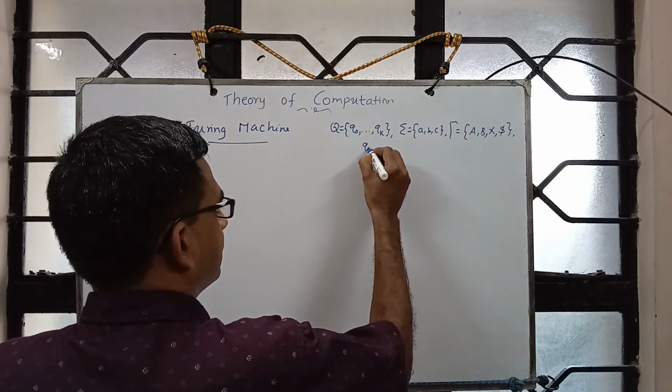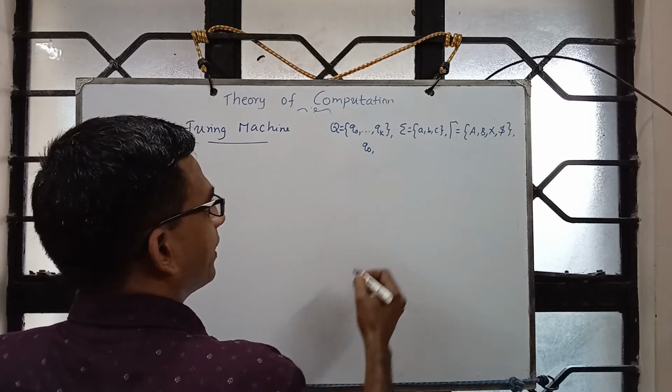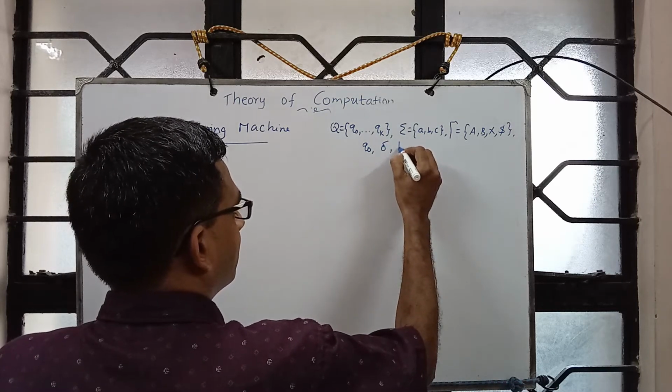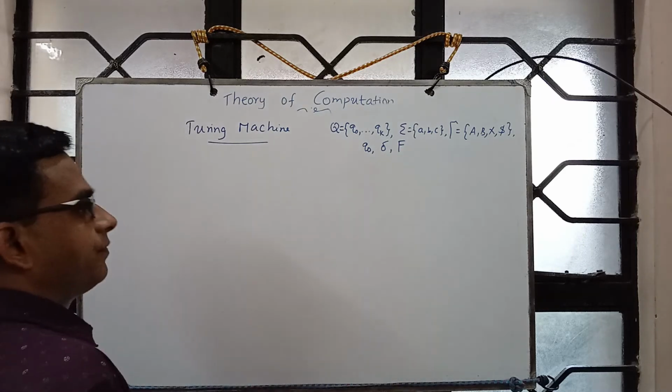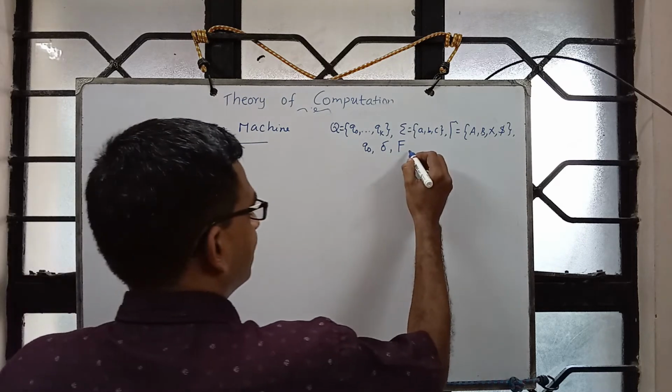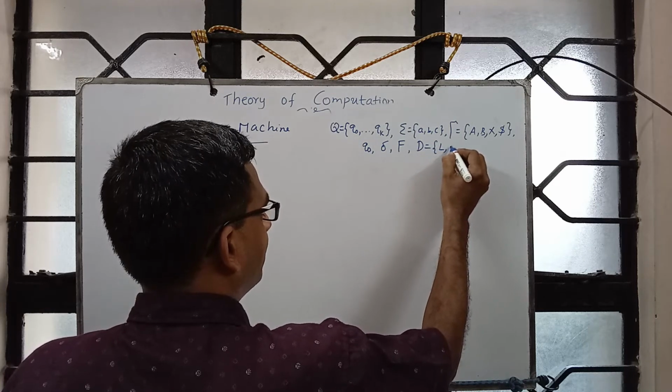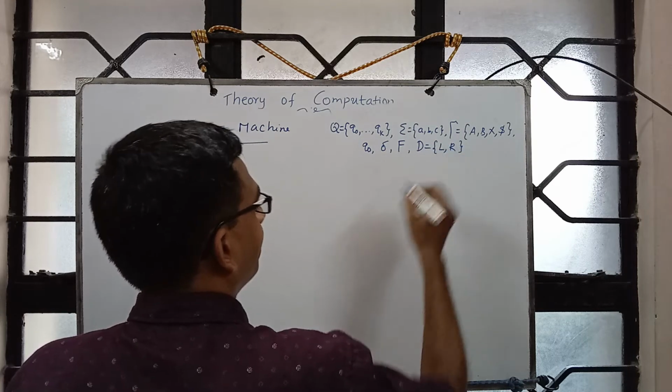Then the start state is Q0. Then you have the transition function delta. The final state is F. And as far as the direction is concerned, one can move left or right.